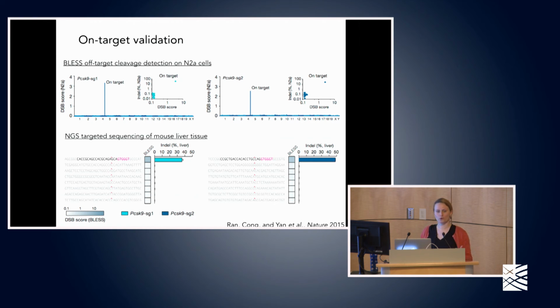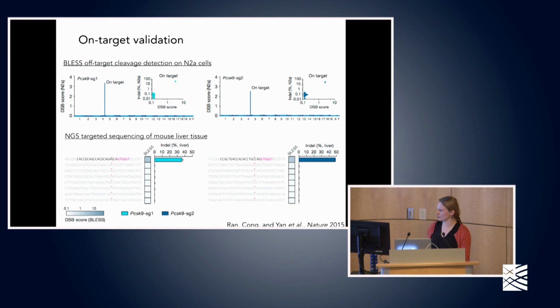Again, an important thing to look at is off-target cleavage. The first thing they did was use BLESS, which is one of the unbiased whole genome methods to detect off-target cleavage. And they found that they were very lucky in that the particular guides that they chose were very specific. These Manhattan plots showed strong enrichment at the on-target locus alone, with very minimal to no other regions identified.